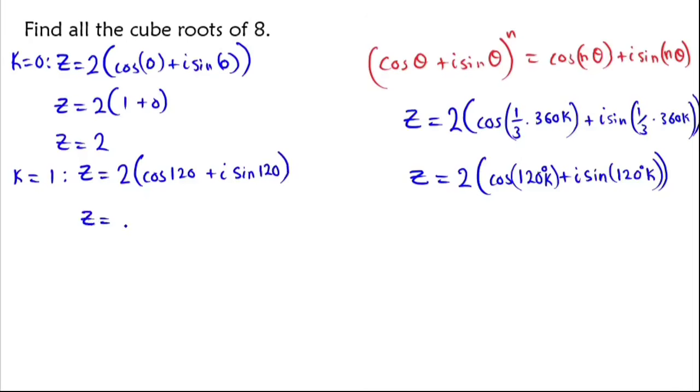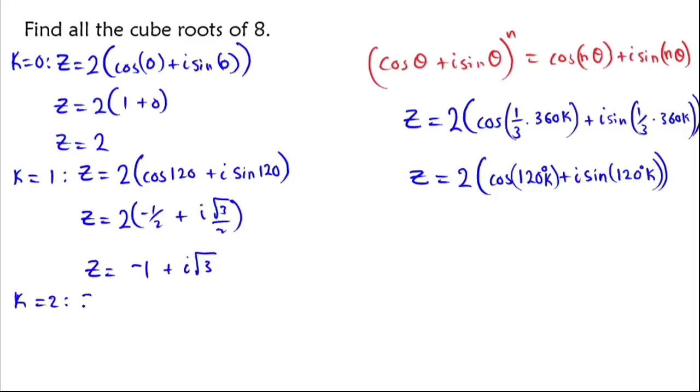So z is equal to, so the cos of 120 is -1/2, and sine 120 is positive √3 over 2. So this means that z is equal to -1 plus i√3.